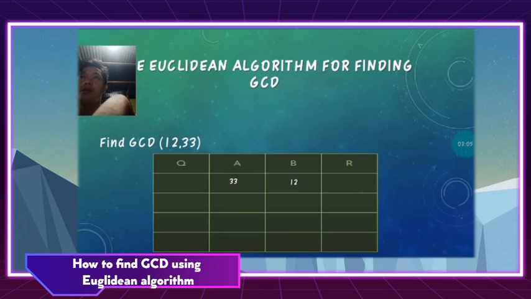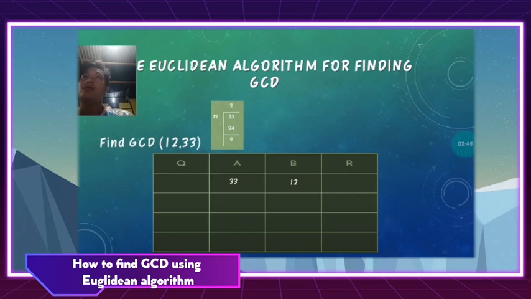So let's do the division operation. You are going to do the operation A mod B, which is A divided by B. So 33 mod 12. When you divide 33 by 12, 12 times 2 is 24, and the remainder is 9.